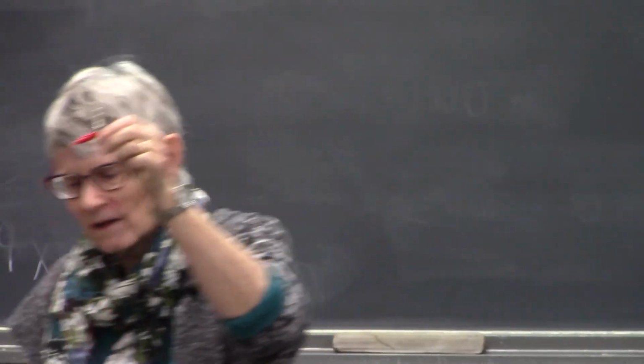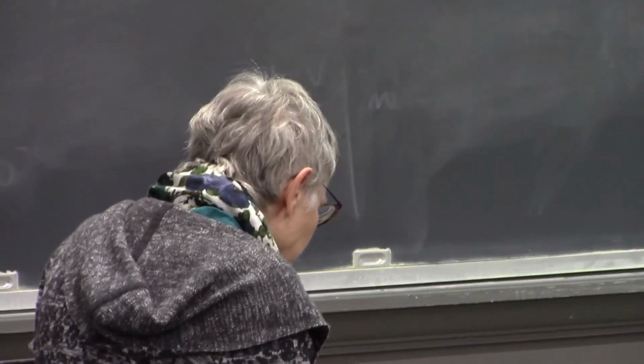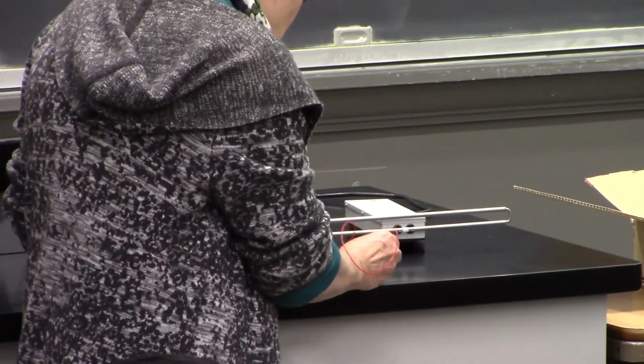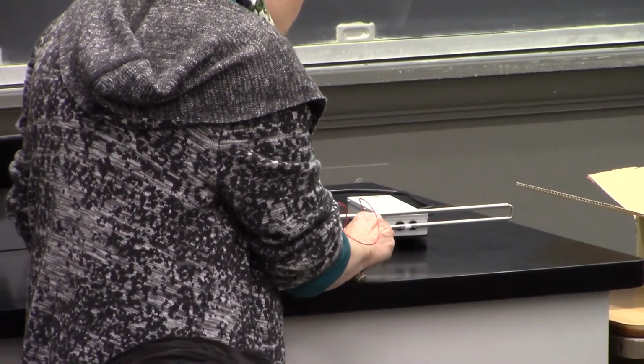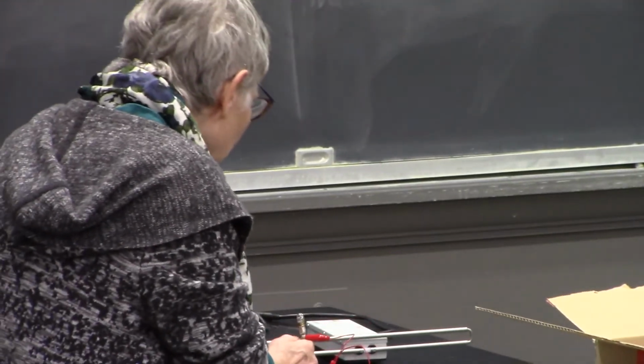This is not a super bright light bulb, so I'd like you to be able to see it. So let's connect it to a battery and see what happens. I have two batteries here, but I'm connecting it to one in this battery holder, which is going to work.